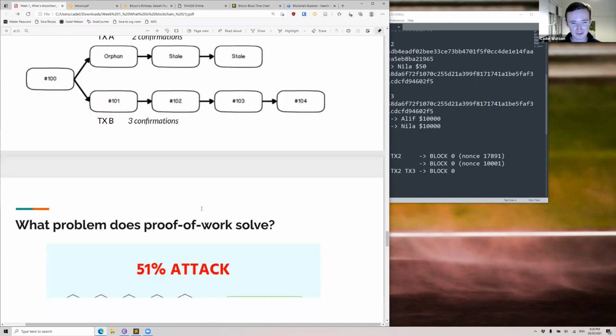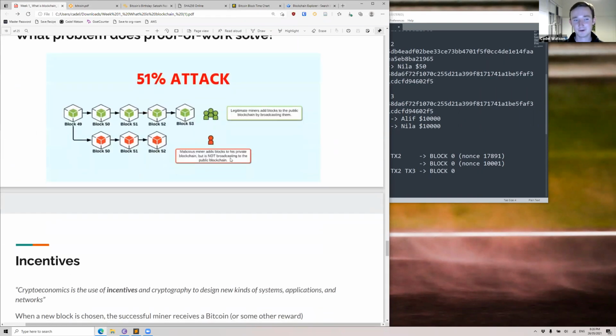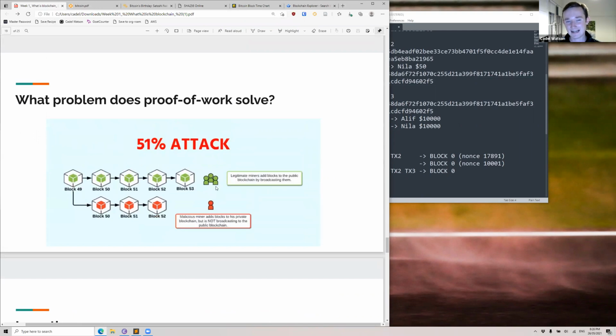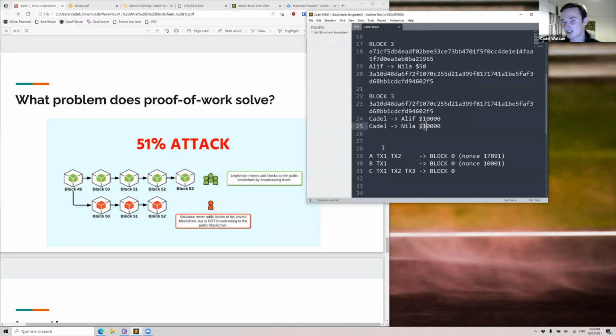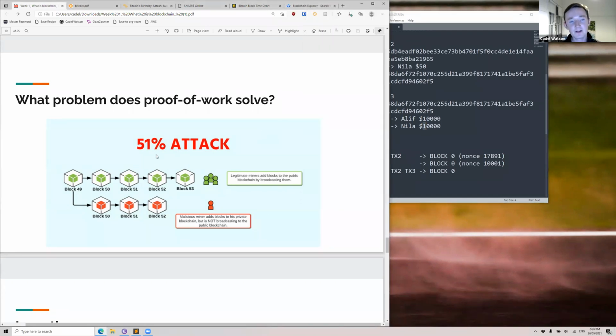Okay, so finally, the point of proof of work, because this is all a lot of talking and not a lot of use yet. The point of proof of work and consensus mechanisms in general is, as I said, to avoid double spending and cheating and lying and so on. The risk that the network is facing is something called a 51% attack.